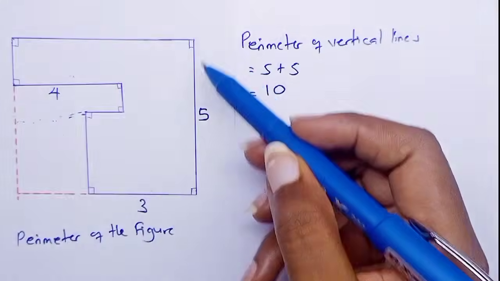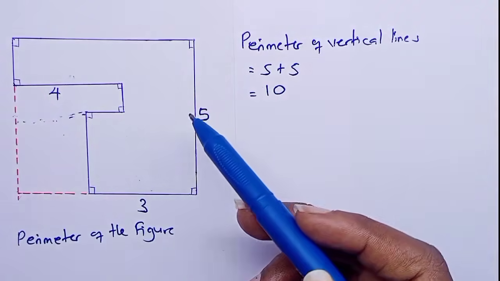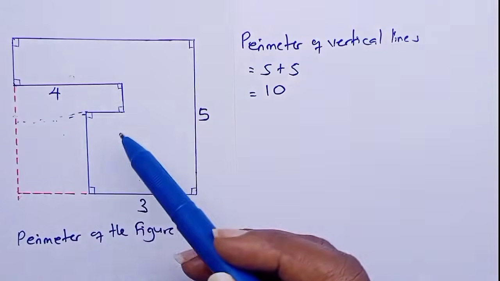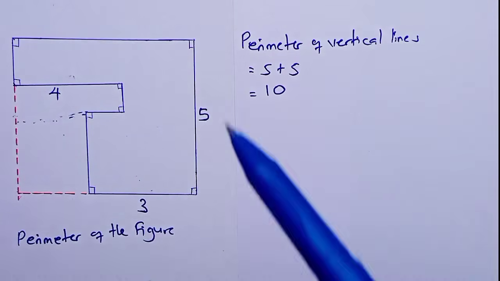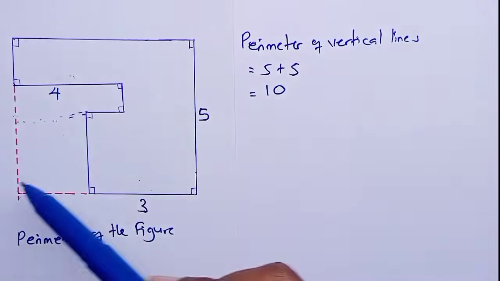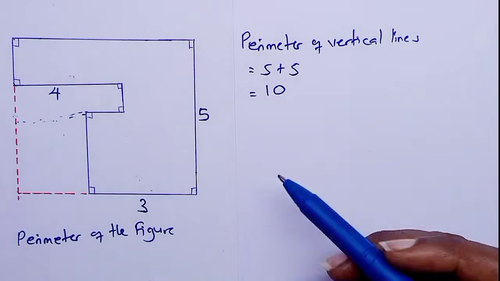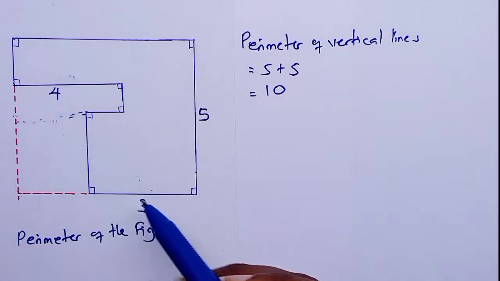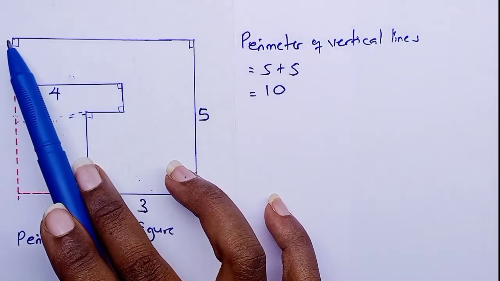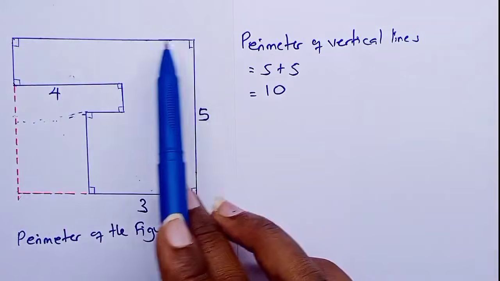So this side plus this side is 10. Remember, perimeter is you add up all the sides of the diagram. So far we have found the vertical sides, and when we add them, they give us 10.